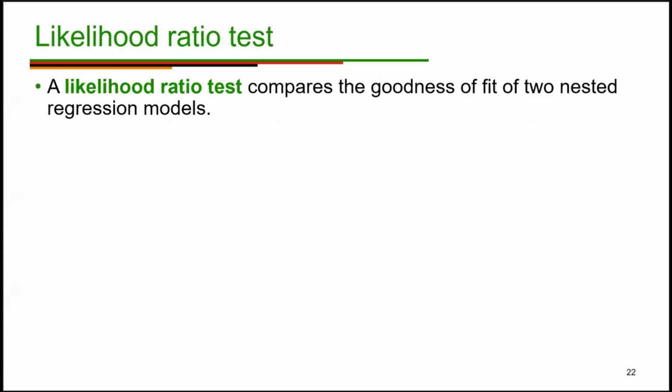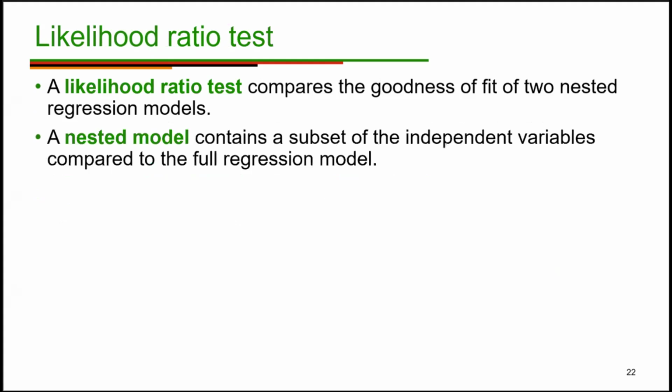And you can actually run a log likelihood ratio test to compare two models, provided they are nested. And when we say nested, we mean that one model is a subset of the other, right? If you have a model that has sex, age, and BMI, and then you have a model that has sex, age, BMI, and smoker, the one that doesn't have smoker is nested in the larger model, or a subset, as we've used it here.